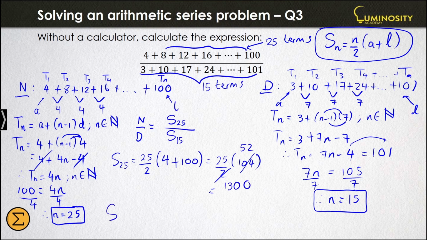What about S15 for the bottom terms? Well, that's going to be 15 divided by 2 into the first term, which was 3, and the last term was 101. So it's 15 over 2 times 104. But again, 2 going into 104 is 52. So 52 times 15.